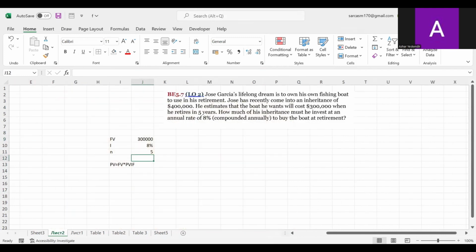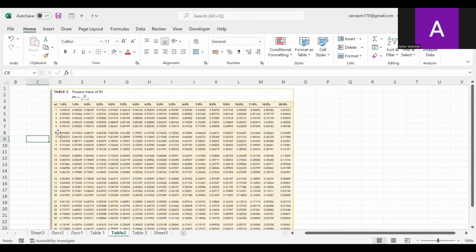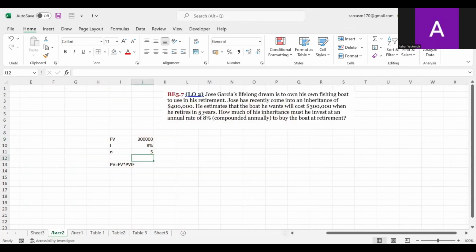We have number of years is 5 and interest rate is 8. All right, 5 and 8. It's going to be 0.6806.